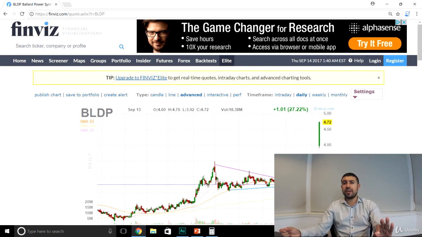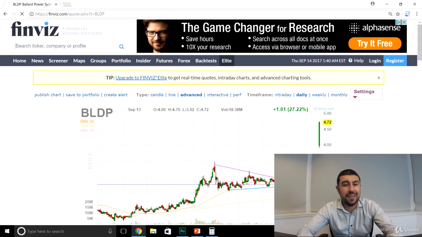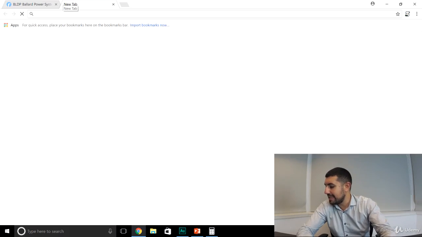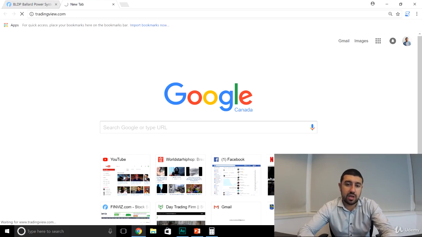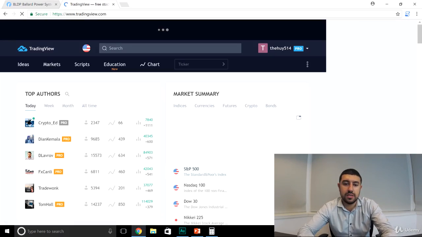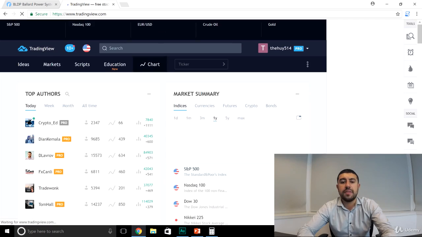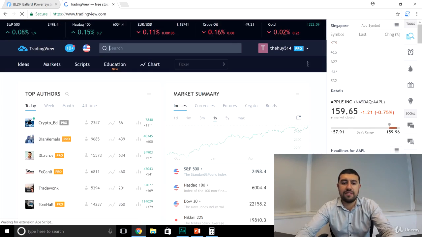So if your stock is highly traded by institutions, you do want to look at the VWAP. If it isn't, then it's going to be less important than for a stock that has high institutional ownership.